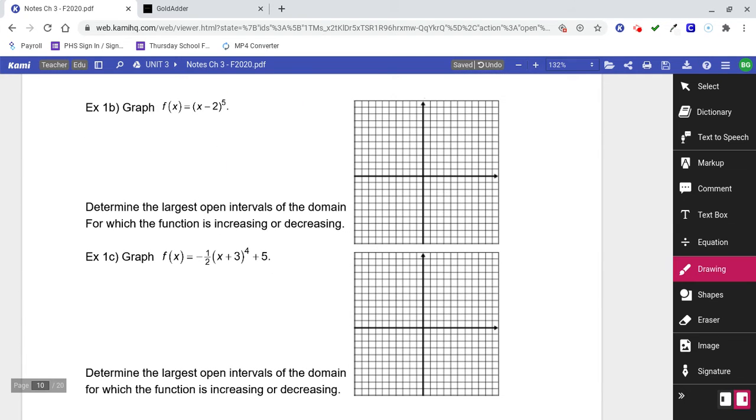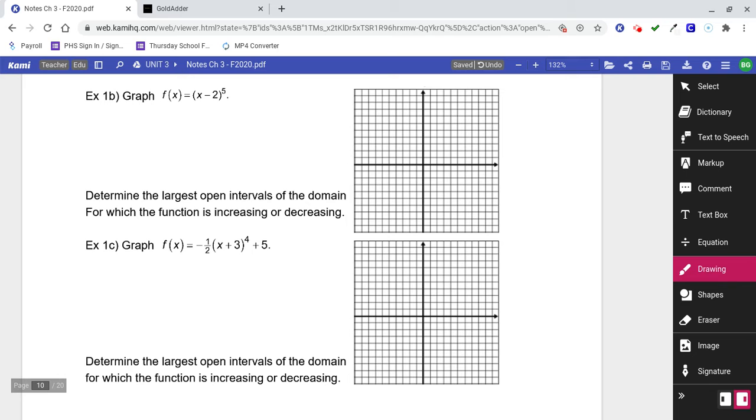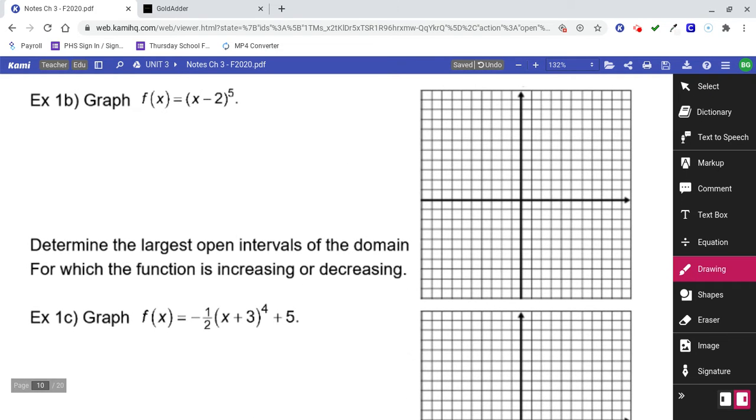So we've got a couple of graphs here, and I know you don't know it yet, but for a graph like this, when it says x to the 5th, odd powers of x behave an awful lot like x to the 3rd. So it's going to look something like x to the 3rd. It's not going to be exactly x to the 3rd, but it's going to look something like that.